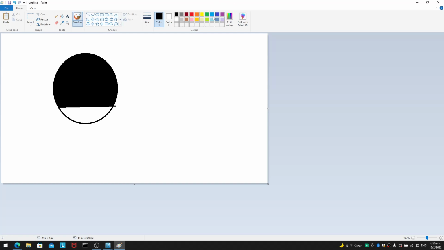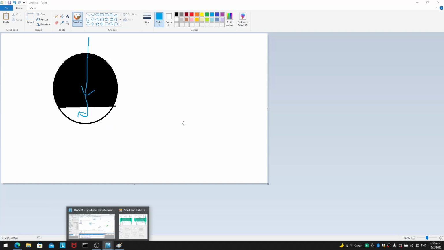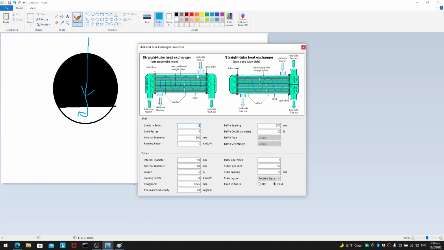I will use blue. You go in front of the baffle, and it cannot pass through because there's this baffle down here blocking the flow. So it has to go all the way under the baffle and towards the other side in order to go through. That is what these baffles are here for. You have to force the flow to go up and down through the tubes.